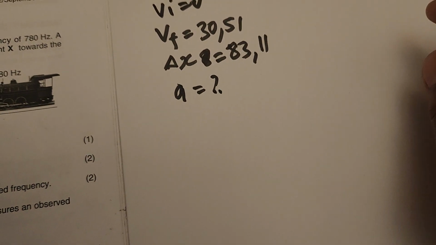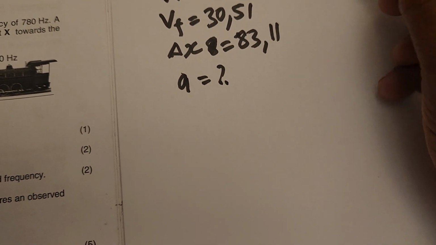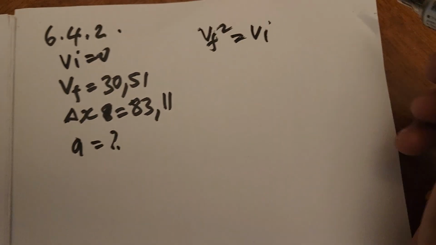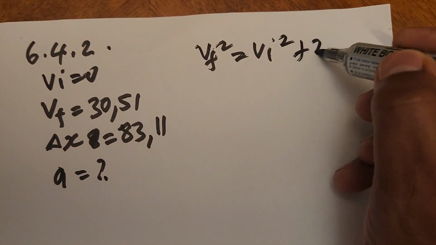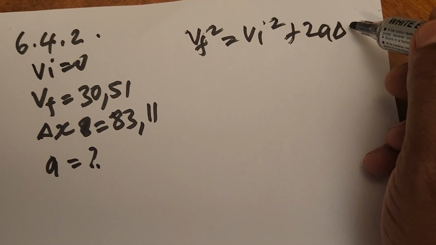Very simple, you go for the equation of motion. Without time, you can see there will be vf squared equals vi squared plus 2a delta x.